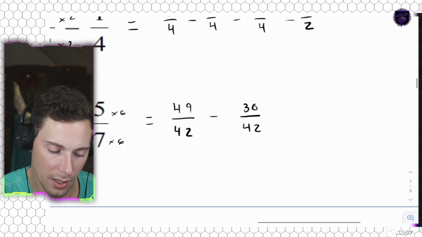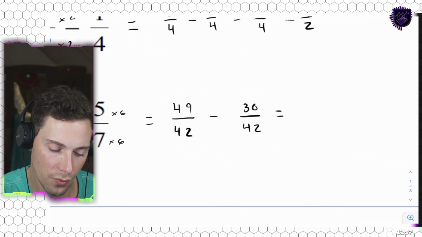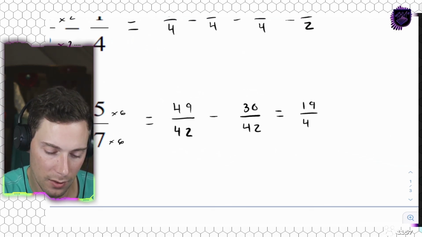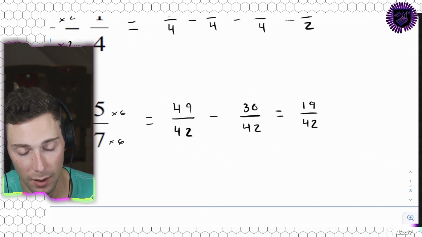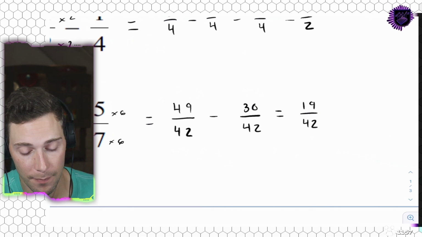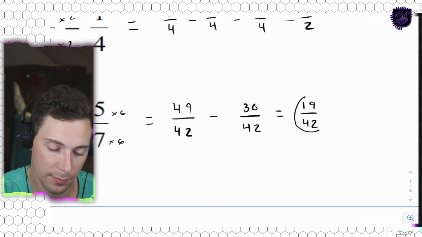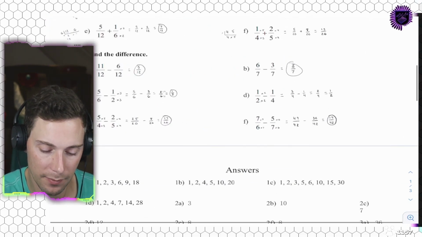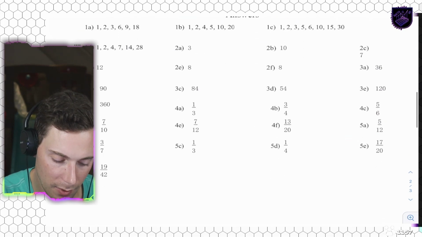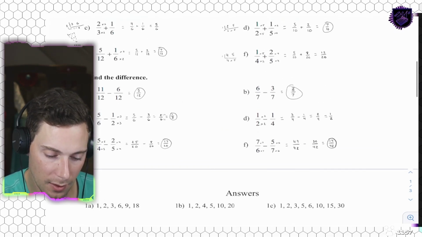So 49 minus 30 is going to equal 19/42. And 19 is prime. So that is going to be our answer. Cannot simplify. That's it.